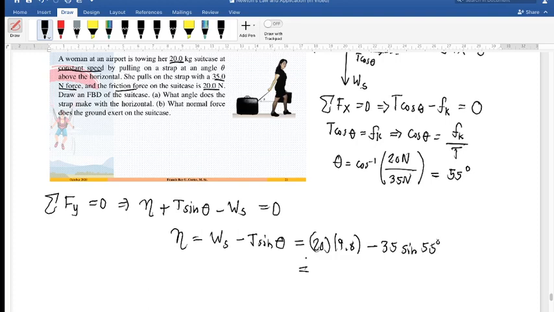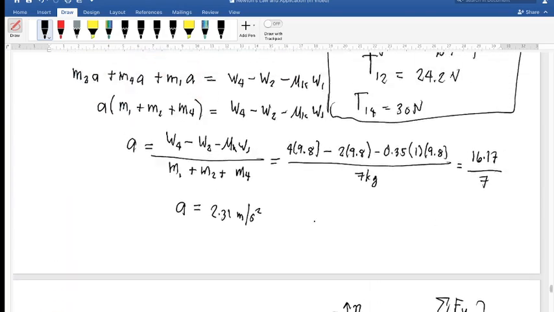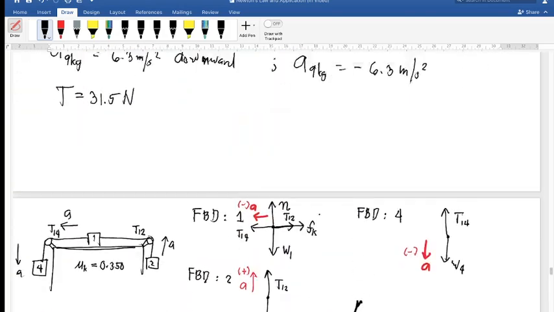So 20 times 9.8 minus 35 sine of 55. So that is 167.33 Newton. So ito yung normal force natin. Okay? So yeah, I think that's the end now of our discussion.